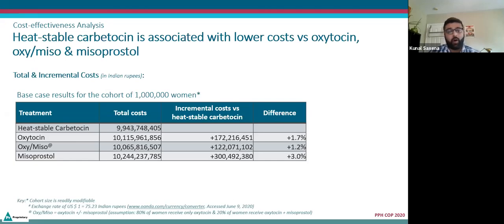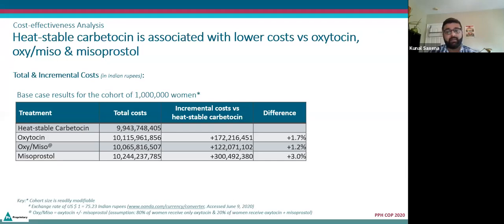So I can walk you through the results in this table. As you can see, in the first column we have the 4 treatment options which were evaluated. The second column shows the total costs associated with each of the treatment options. The third column shows the incremental costs, or the difference of each of the existing uterotonics against heat-stable carbetocin.